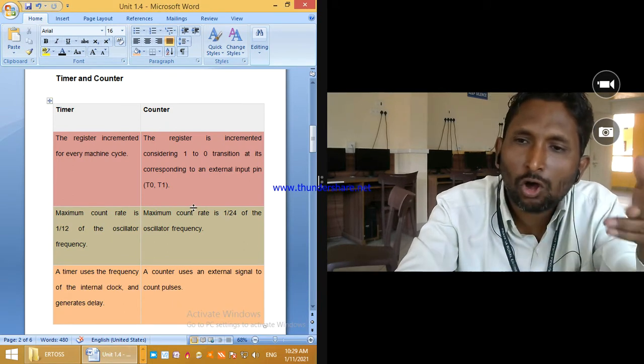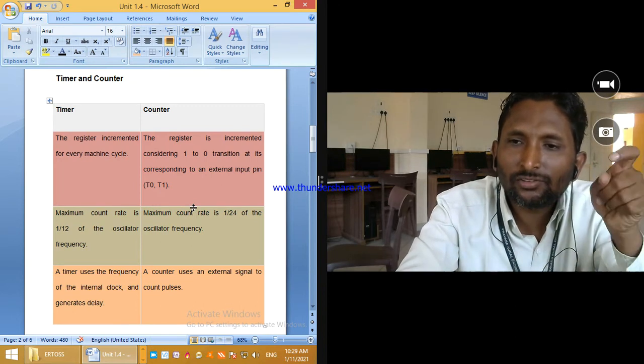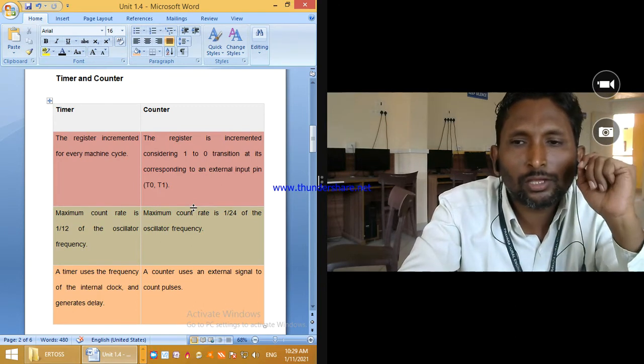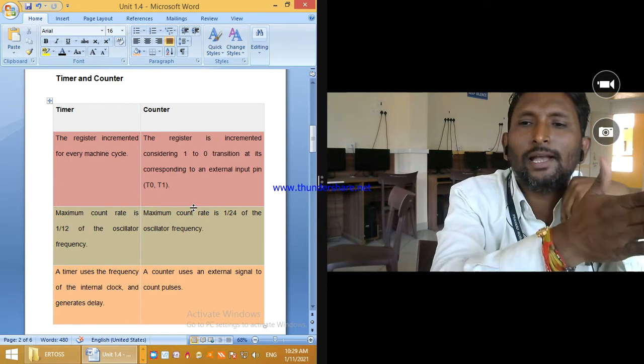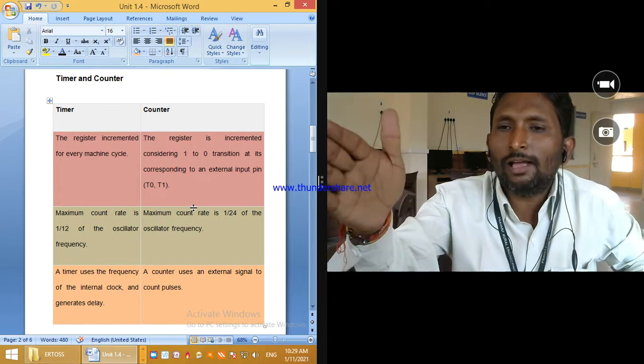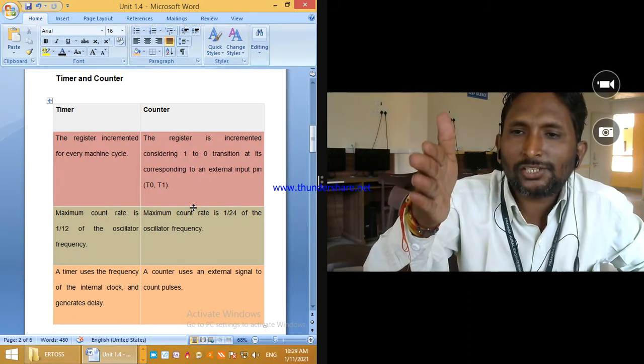This process goes on continuously. We give input supply from an external source, DC power supply, to that quartz material, and it continuously vibrates like this.